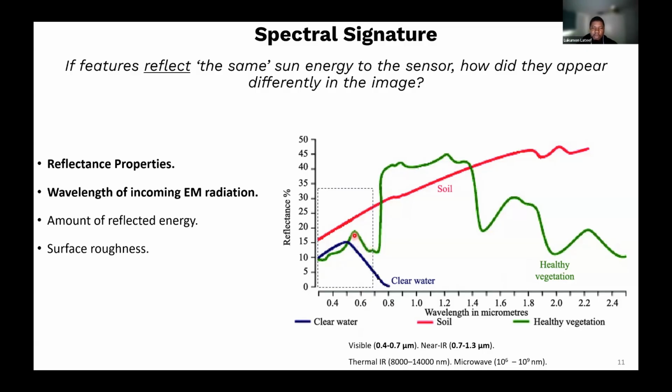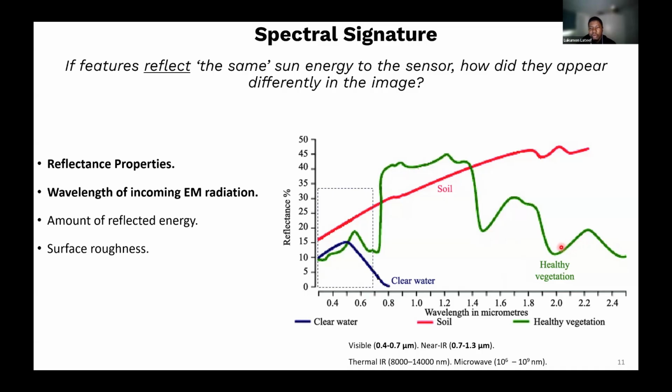The type of radiation that is reflected by an object or a feature will determine the color that we see with our eyes. But in the infrared, you can see a very skyrocketed amount of reflectance by the vegetation, which mostly depends on the leaf pigment. If a vegetation is very heavy, it's going to reflect a lot of infrared radiation.